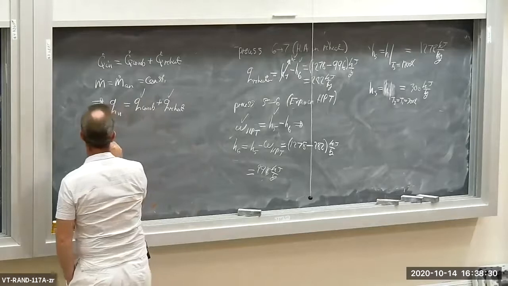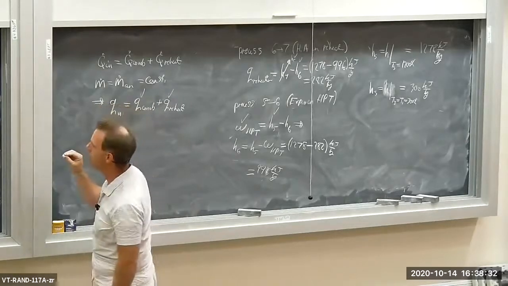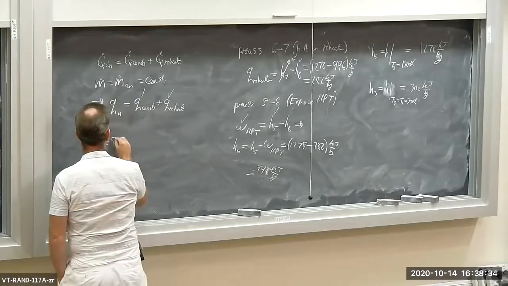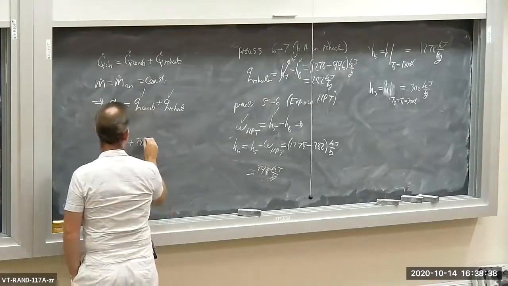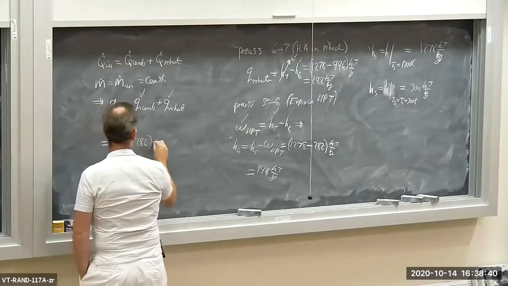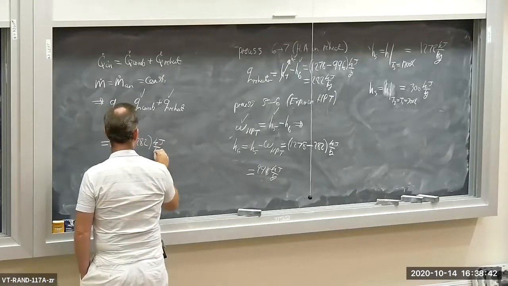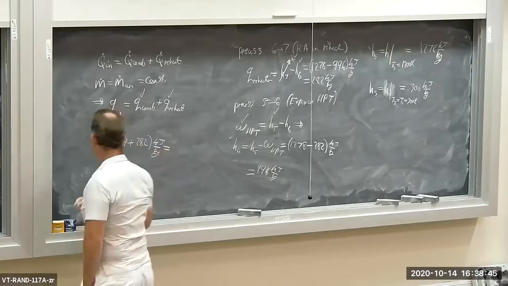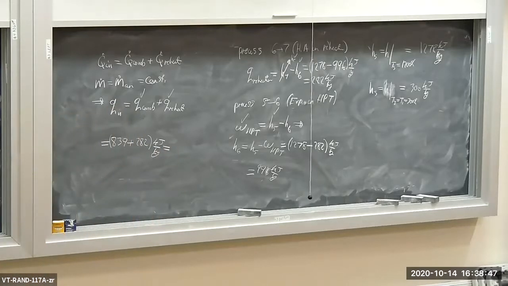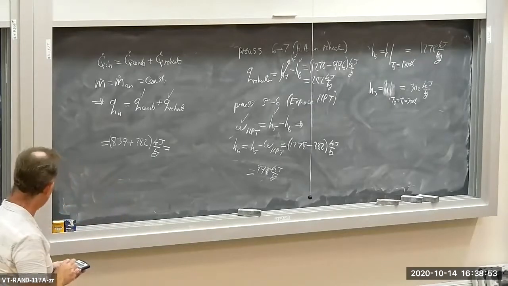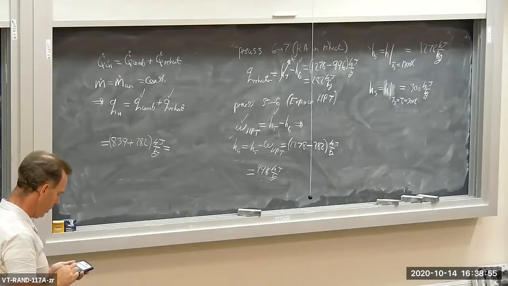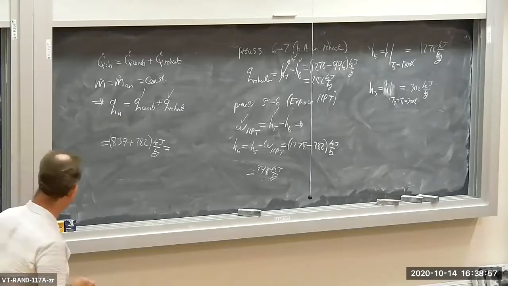So I got Q combustor is 839 plus 282 kilojoules per kilogram. And I get the total heat addition from the combustor and the reheater of 1121.